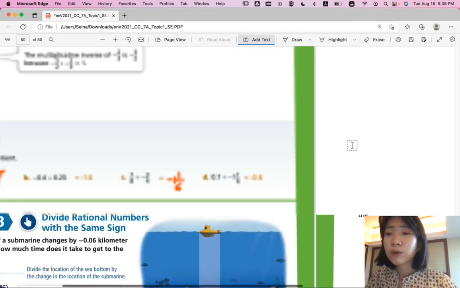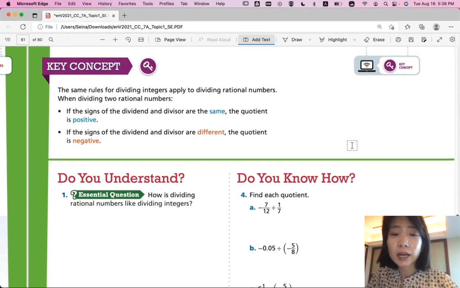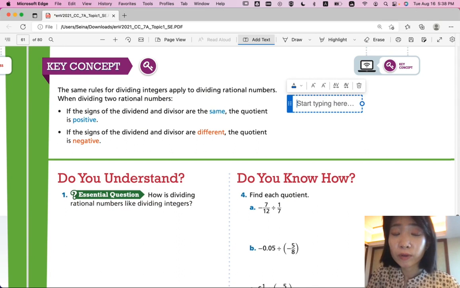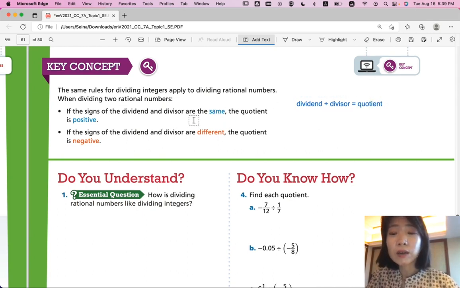Let's wrap up this lesson. So remember that the same rules for dividing integers apply to dividing rational numbers. When dividing two rational numbers, if you forgot what dividend and divisor are, the dividend is the number that is being divided, the divisor is the number that divides, and the answer is the quotient. If the signs of the dividend and the divisor are the same, the quotient is positive.